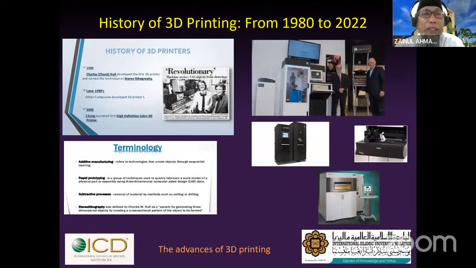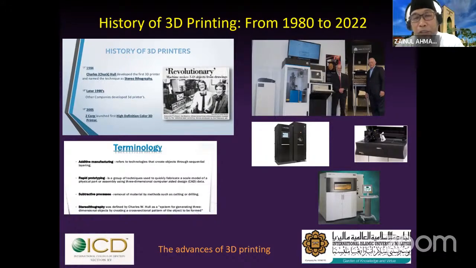As we can see about 3D printing, I will go through it together. What do we mean by 3D printing? 3D printing is basically a machine that can print an object. Charles Hull was the first to invent 3D printing.